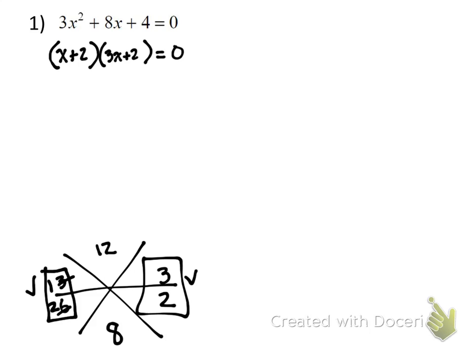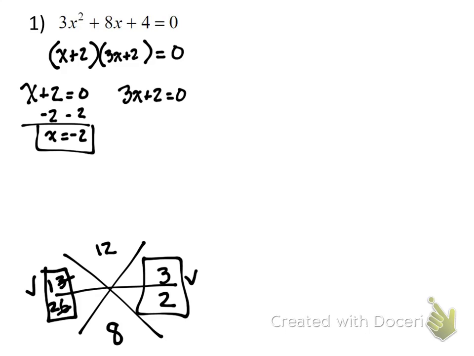Now we use the zero product property to make each of these binomials equal to 0. X plus 2 is equal to 0, and 3x plus 2 is equal to 0. Two separate equations. Subtract 2 from both sides. When we do that, x is equal to negative 2, as one of the answers.